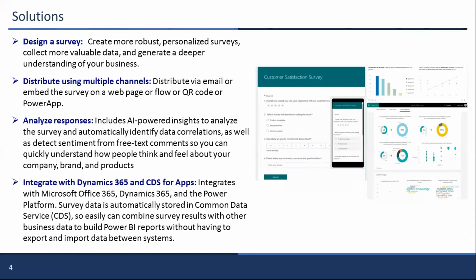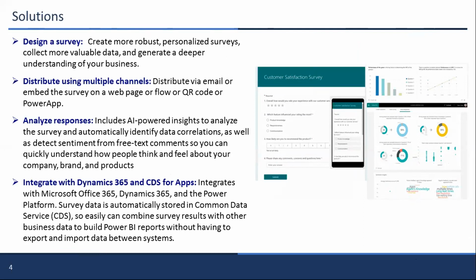Right. And what are the solutions we have within Forms Pro? We can categorize them into 4 buckets. The very first thing is how we design the survey and how we collaborate on the survey. Once you have a survey, you can collaborate with your team for feedback. They can also review or make changes to the survey. Then the next thing is how to distribute the survey.